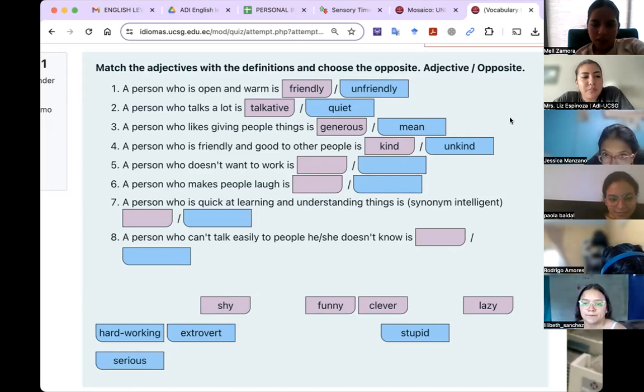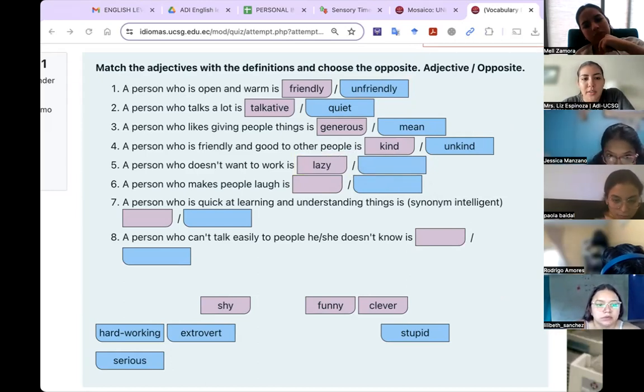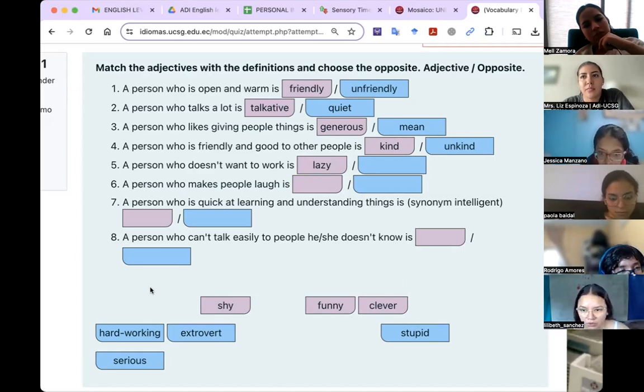Then we have a person who doesn't want to work is, this is simple. Lazy. Yes. You are not lazy because you are studying during the weekend. Okay, next one. The opposite. Hardworking.